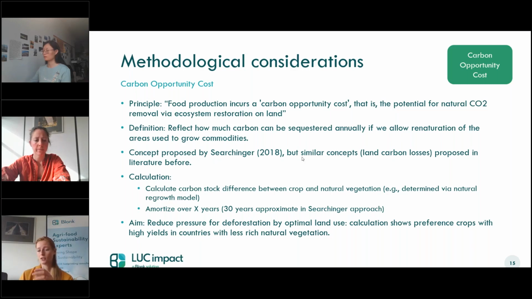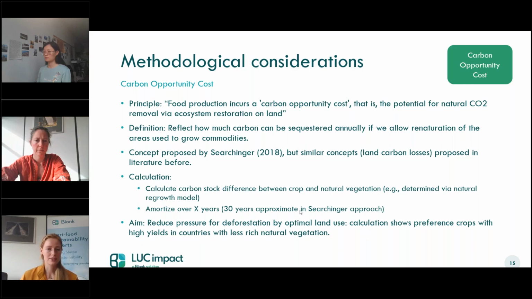So simulating under the current climate how natural vegetation would regrow after human abandonment, and then taking that as a reference for the natural vegetation. Because we are looking at a missed potential per year of occupation, we would amortize this over a certain amount of years to approximate how this natural vegetation would grow back.